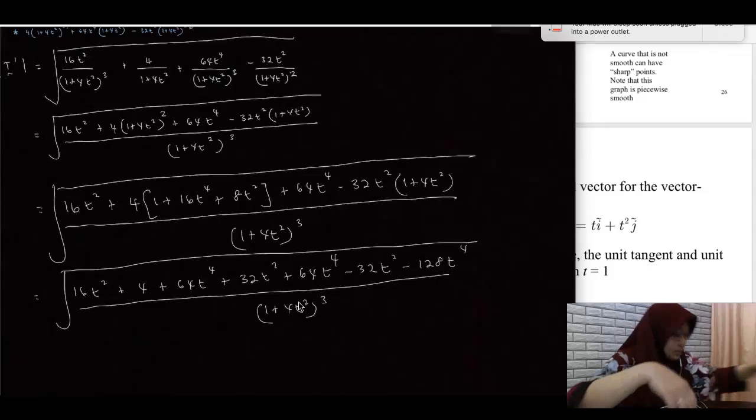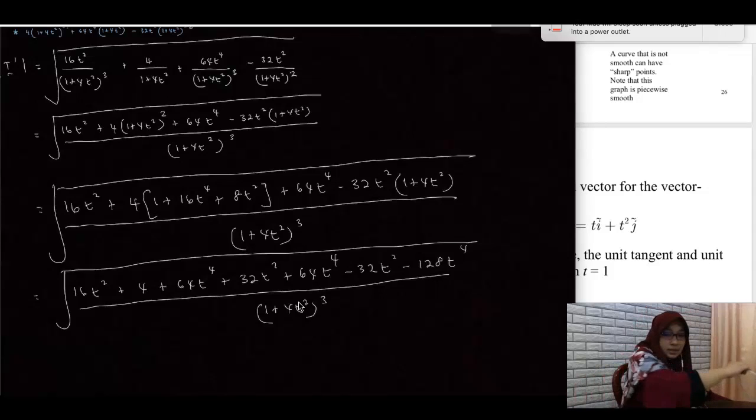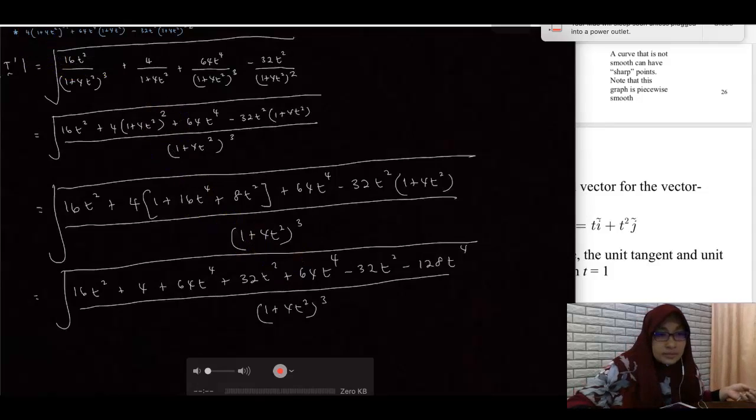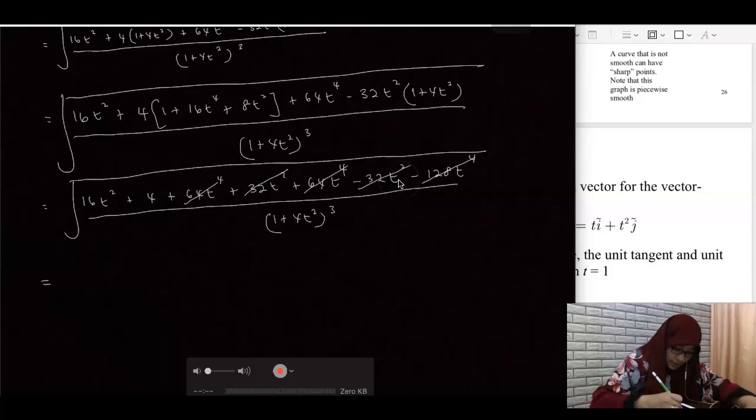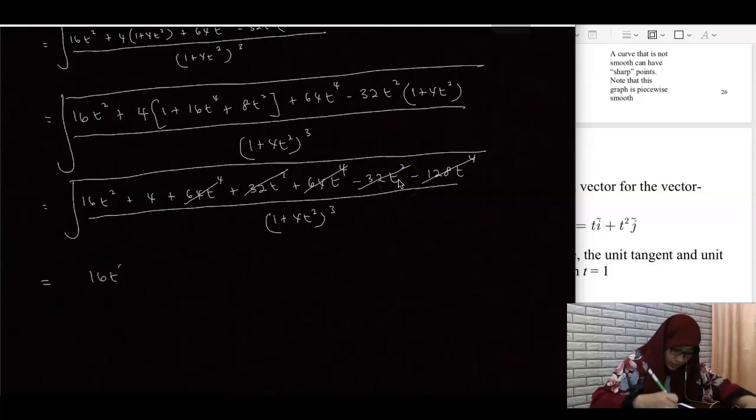Okay, so out of battery. A few terms can be cancelled out, so we only have (16t squared plus 4) over (1 plus 4t squared) cubed.